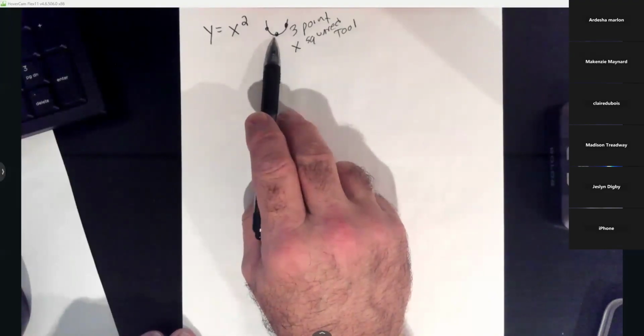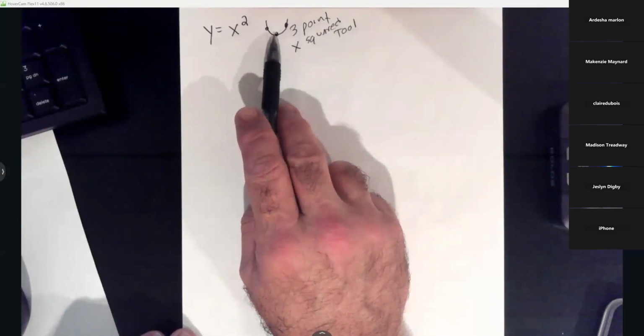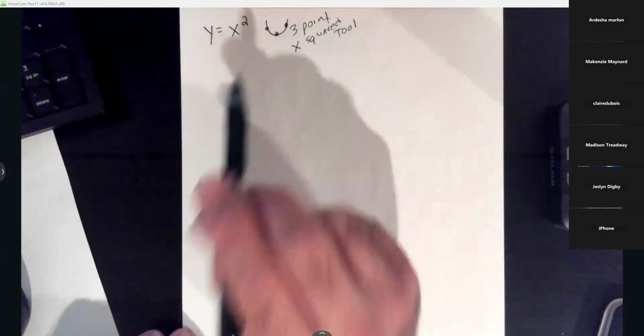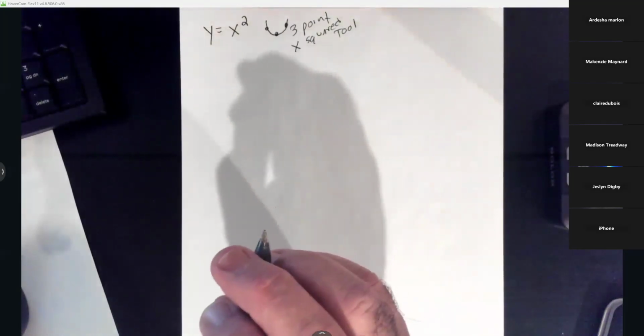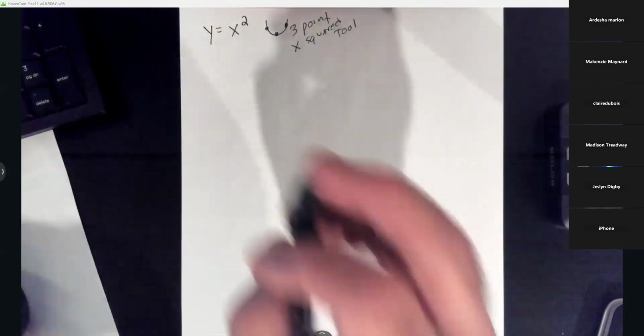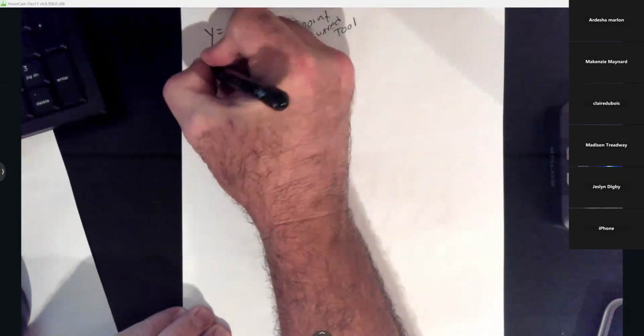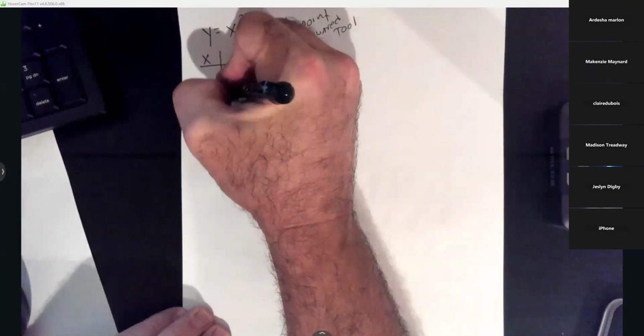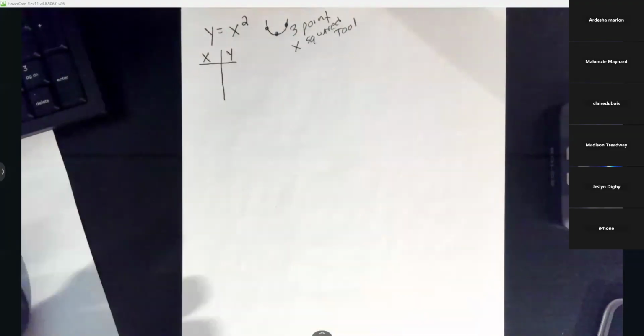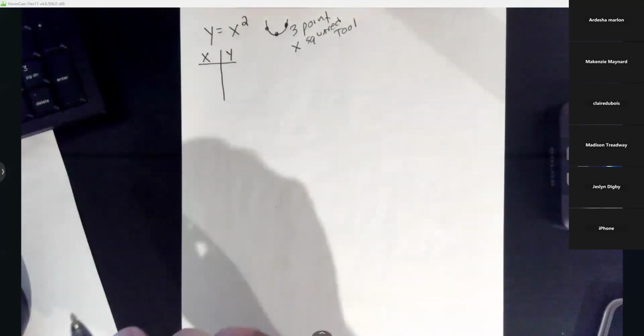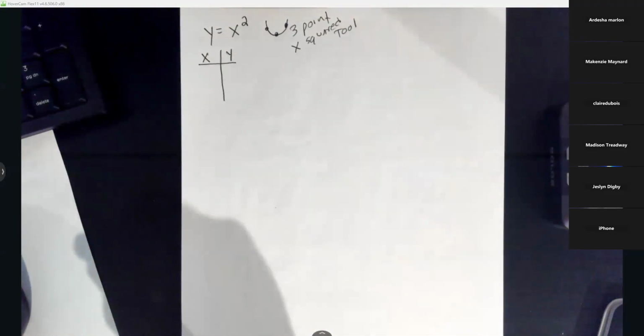Now, since there's 3 dots on this, you definitely need 3 points for it to graph it. So you can use negative numbers if you want, positive numbers if you want, it don't matter.